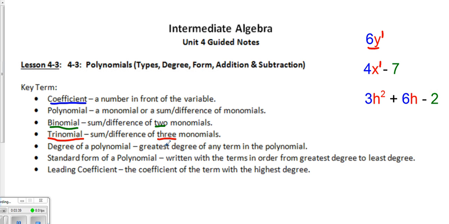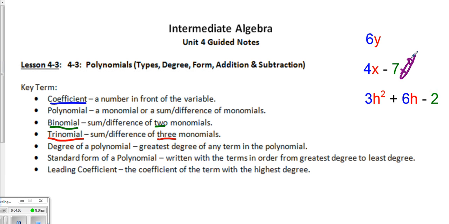Standard form of a polynomial. All of these ones are already written in standard form. Basically what that means is they're written so that the terms are in order from greatest degree to least degree. So any constant like this would be a degree 0. There's no variable with it. And if there was, you can kind of think of it as, let's say it was x to the 0th power, because anything to the 0th power is just 1.